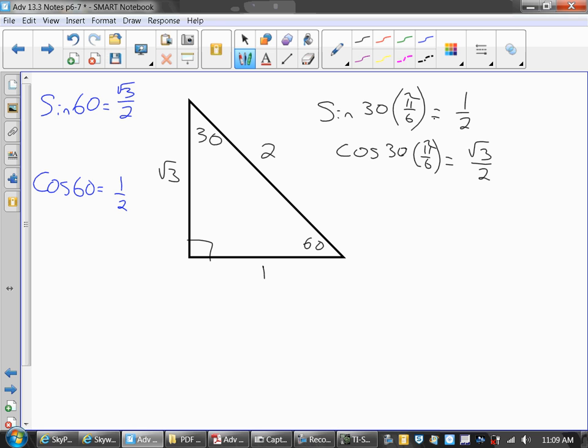Everybody okay with that? 60 degrees was the exact same thing as saying pi over 3. So with any luck, when you hit cosine of pi over 3, it should also spit out 0.5 in your calculators. Unfortunately, your calculator will not spit out root 3 over 2.